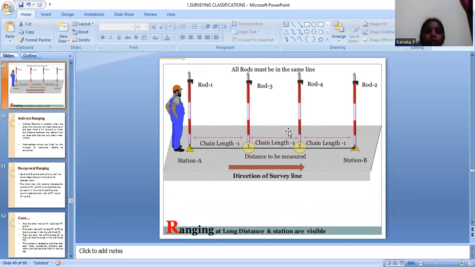Rod 4 is measured for the distance within chain length 1, and rod 2 is at the distance of chain length 2. This is used for the distance to be measured and the direction of the survey line. All rods must be in the same line of ranging. This is called direct ranging.